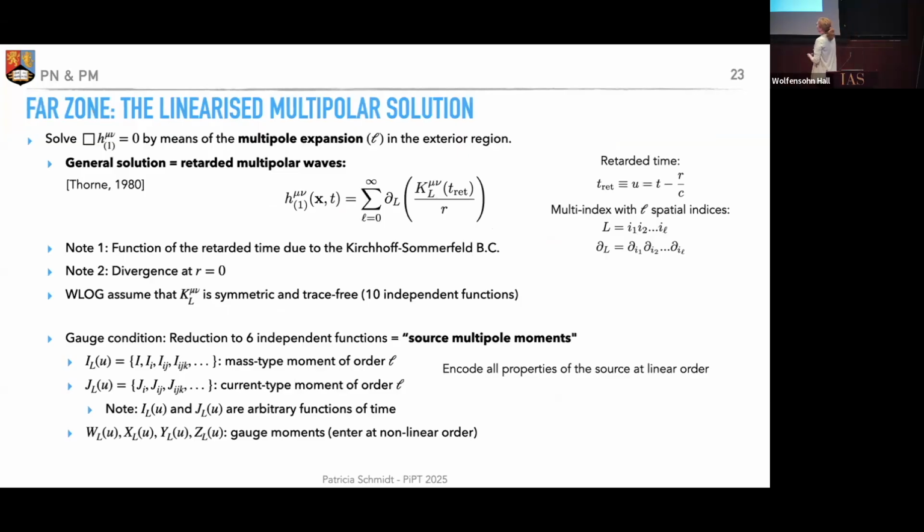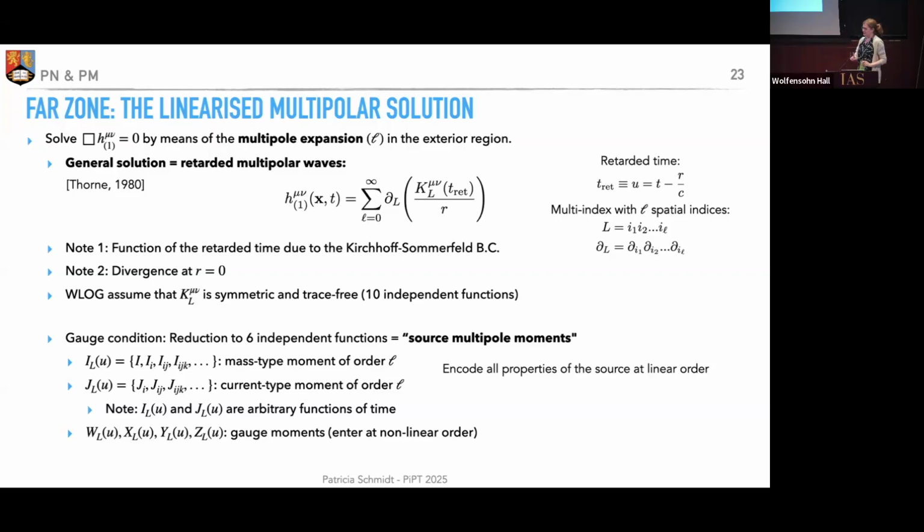So from that, it was shown that you can solve this type of equation by means of the multipole expansion in this exterior region. And in fact, the general solution is essentially a sum of retarded multipolar waves. And that was shown in the very famous paper by Kip Thorne in 1980. So we can write down the solution at linear order in h as the sum over, and then these are derivatives here, of some function K_L of t minus r over the radius.